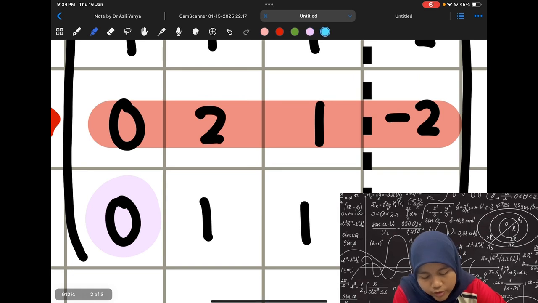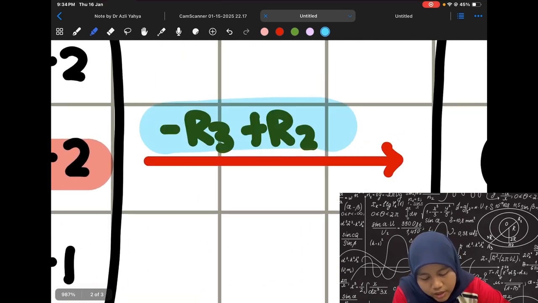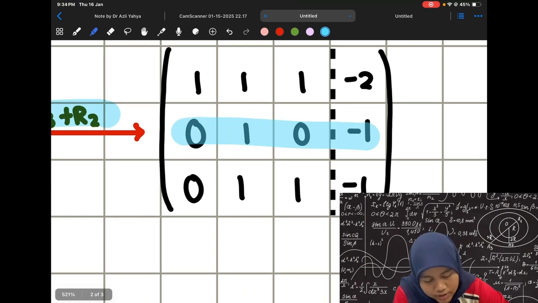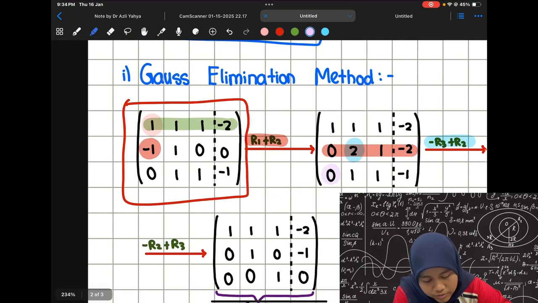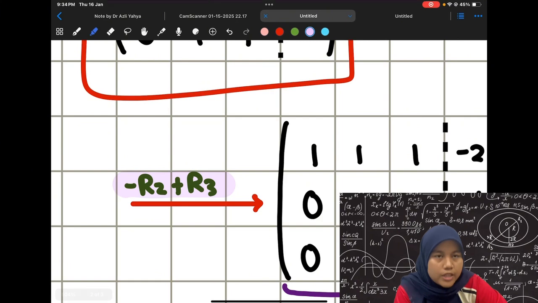So let's move on to this number, which is 2. We need to change this 2 into the leading one by using this equation -R3 plus R2. So we got this, and lastly we need to change this one into 0 by using equation -R2 plus R3.